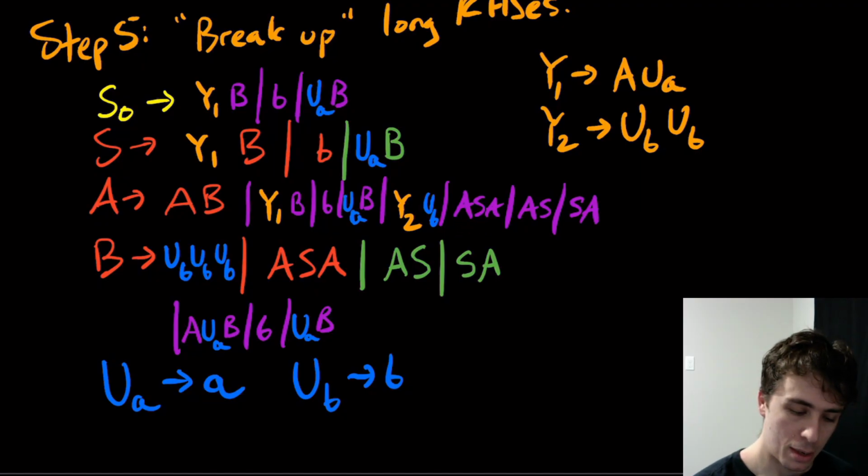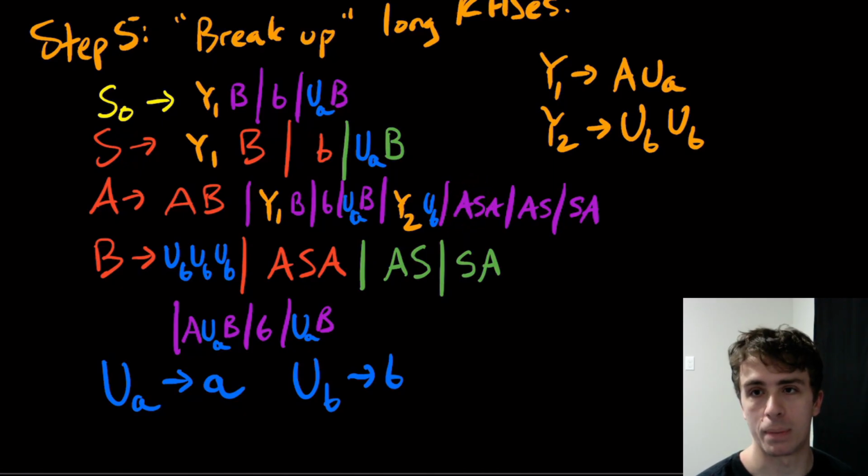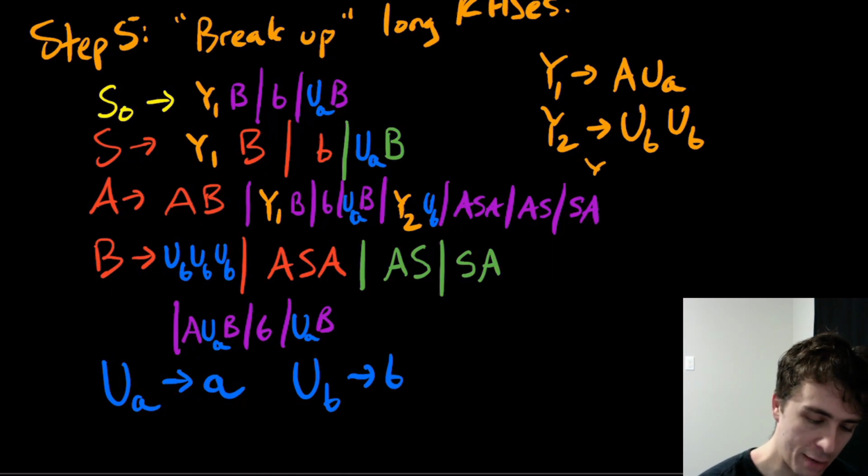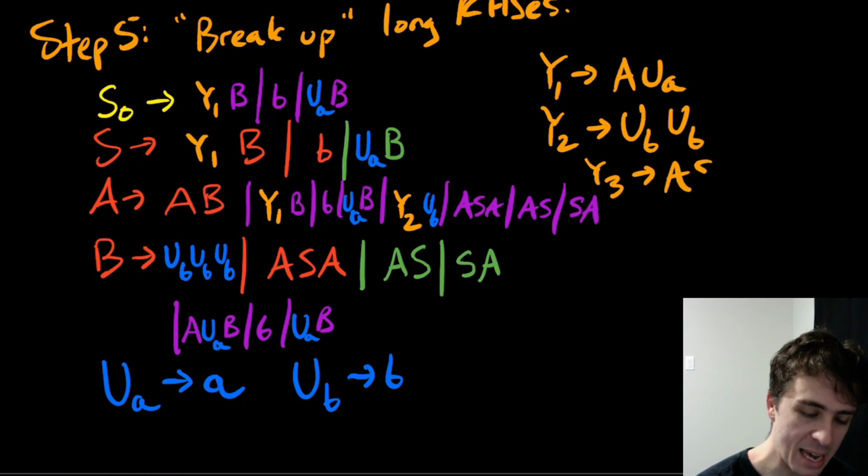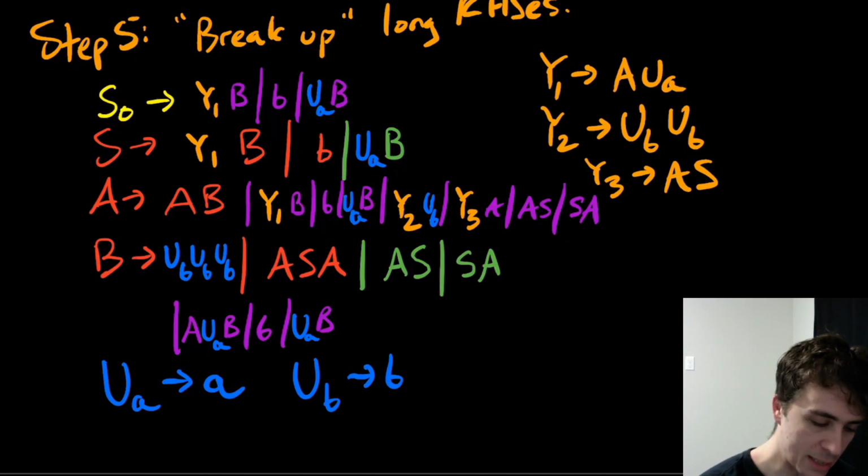So these 2 rules on the end I don't need to modify, but this one I do, and so I do need another variable because I haven't done one for AS yet. So I'm going to have Y3, which makes AS. So AS is going to get replaced with Y3. So now we get down to this one. The 2 u sub b's was Y2 before.